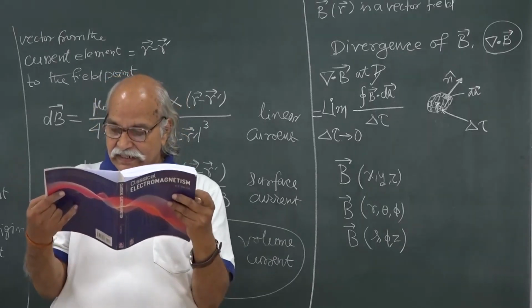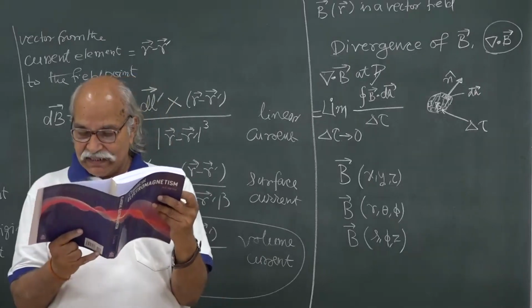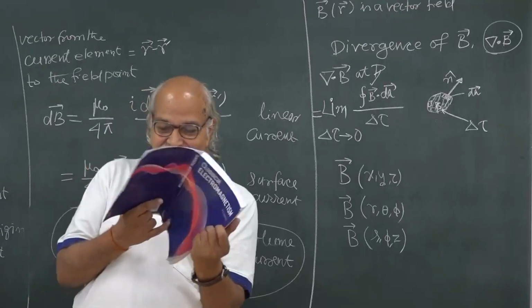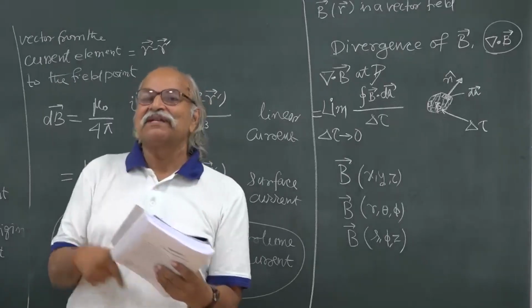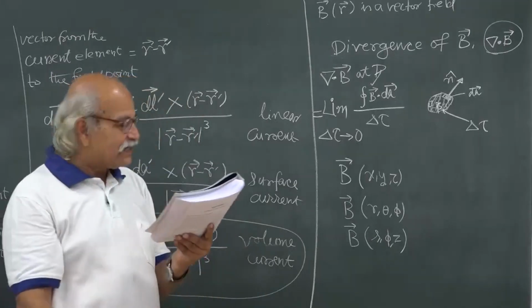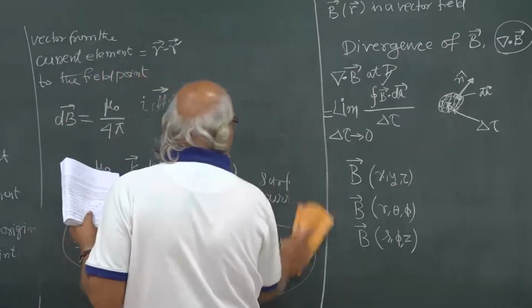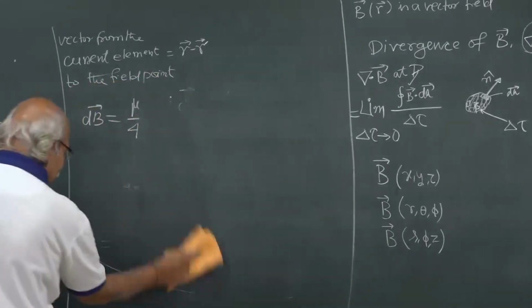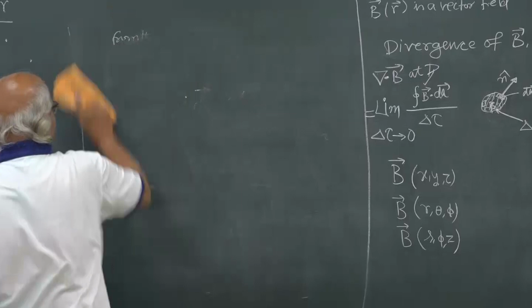And here there are expressions. Let me write this expression, though I will not be using it in this course for divergence, for a very simple reason that I will be telling. Let me write it for the Cartesian coordinates only, or maybe cylindrical also.